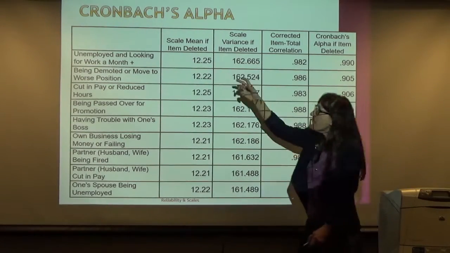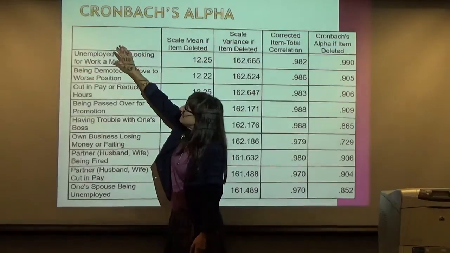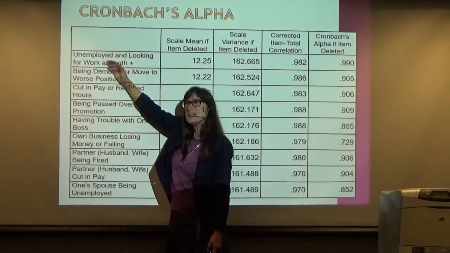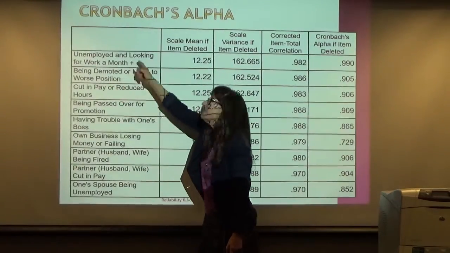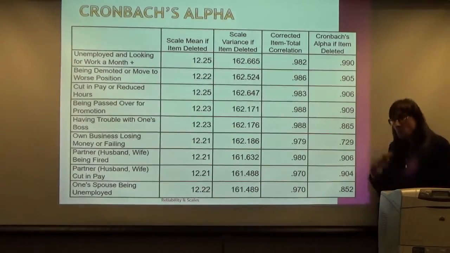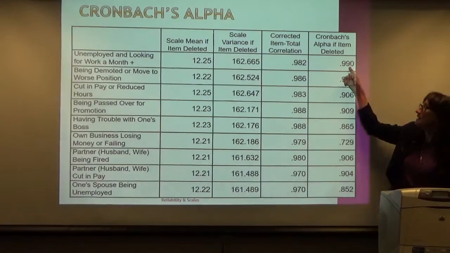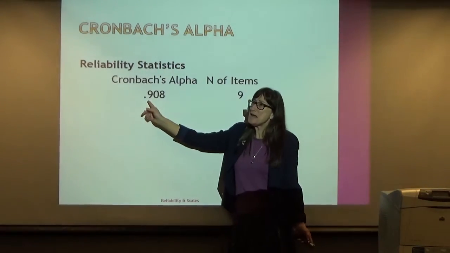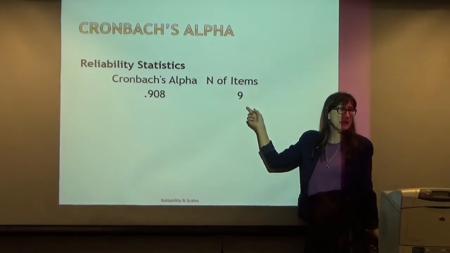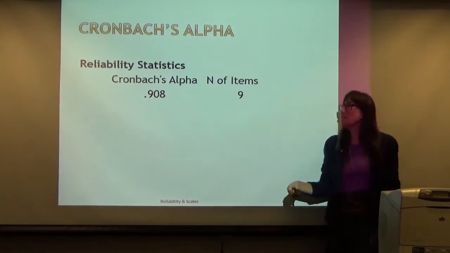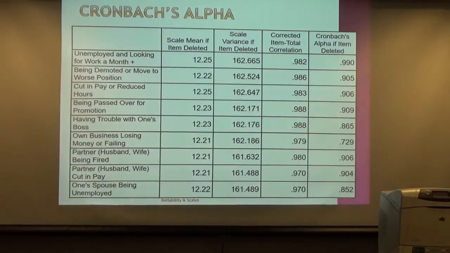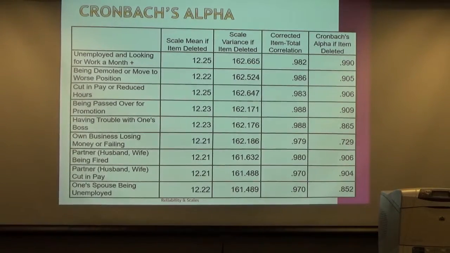But if I look back at these and I say, yeah, I think that doesn't seem to cover the same thing that all of these cover, then I would want to get rid of that, rerun it, and when I rerun it, this will say 0.990 and this will say 8, right? Because I got rid of that variable, unemployed and looking for work. Does that make sense?